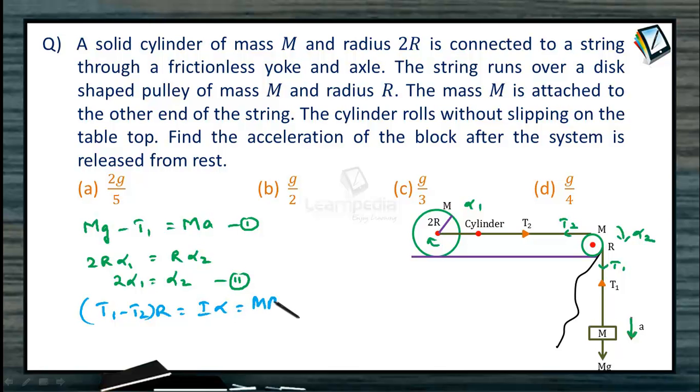What is I? Because it's in the form of a disk, it is mr square by 2. And what is alpha 2? 2 times alpha 1, or I can write it as alpha, and alpha is a by R. So we get T1 minus T2 equal to, R cancels out, 2 cancels out, M into a. Let us call this equation 3.